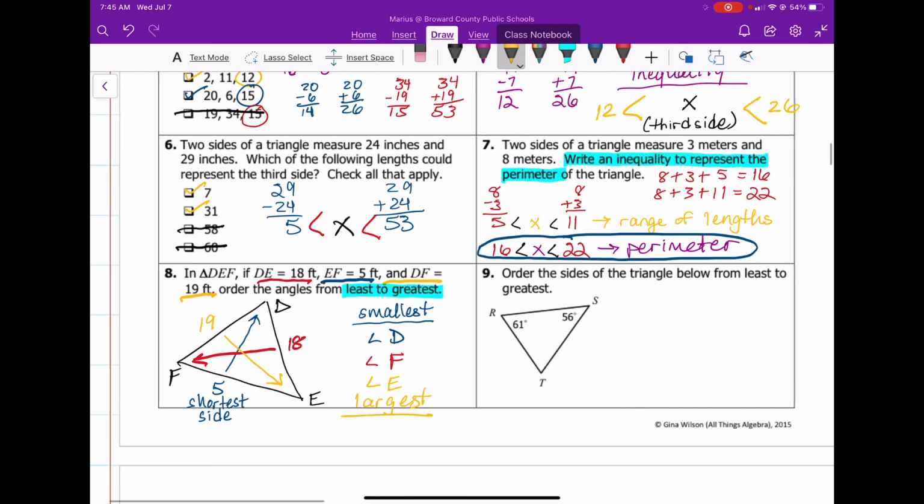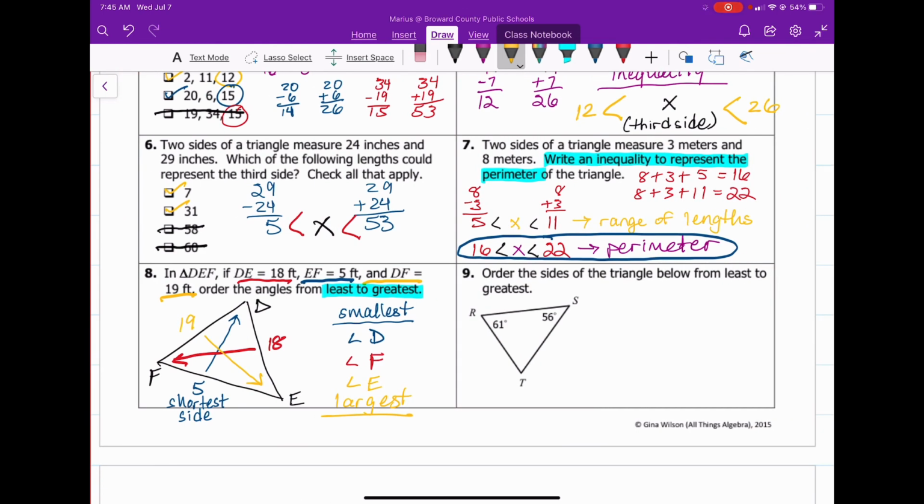Okay? Now number 9. It says order the sides of the triangle below from least to greatest. Well, we need to know all 3 of the angles. So the first thing we need to do is add 61 to 56. That's going to be 117.